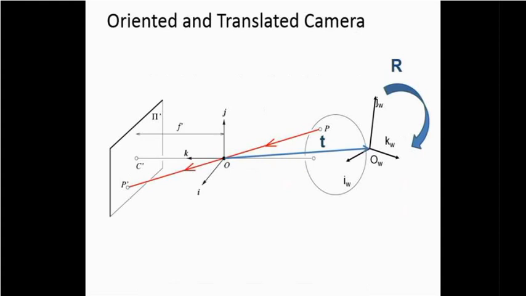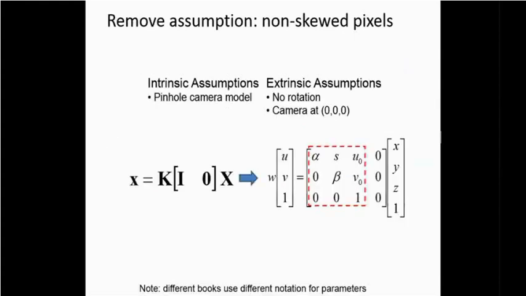So now that's the entire pinhole model. It models a projection from a 3D point onto the image plane as a linear projection. Lines will be preserved. I'll mention later that there's also a possibility of radial distortion.